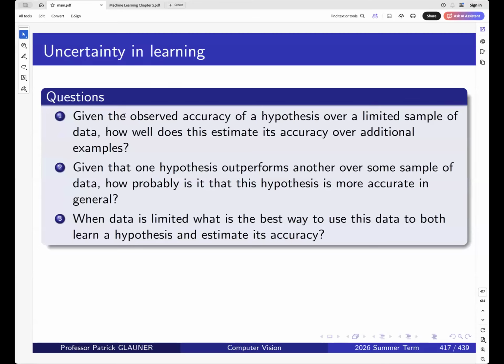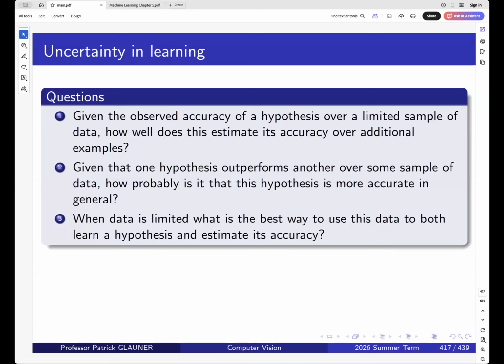For example, we have an observed accuracy of a hypothesis over a limited sample of data, and we want to know how well this would estimate its accuracy over additional examples. So we have a limited sample, maybe a very limited sample of data. We can estimate the accuracy, but can we estimate what the accuracy would be if we have additional examples?